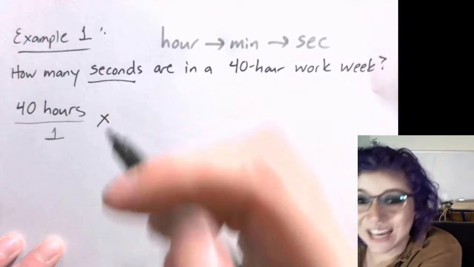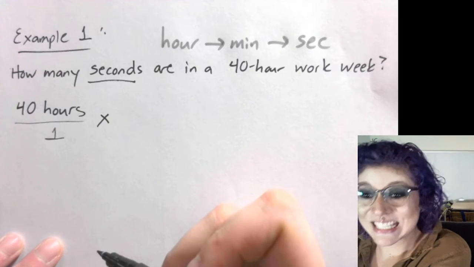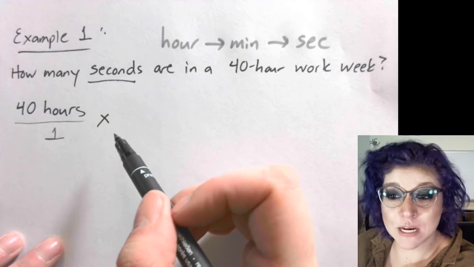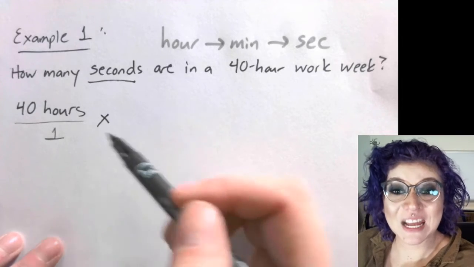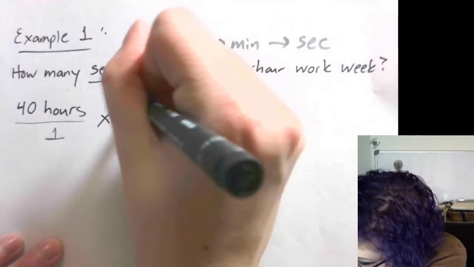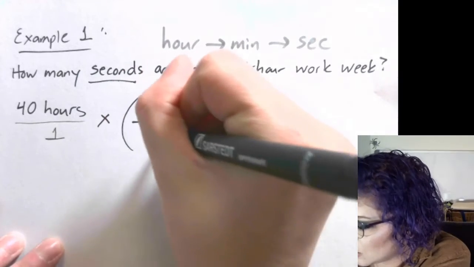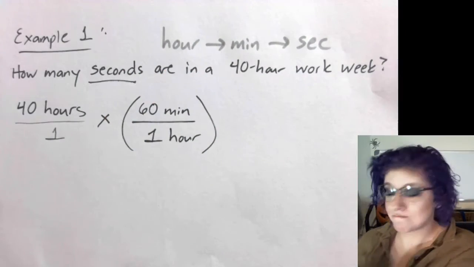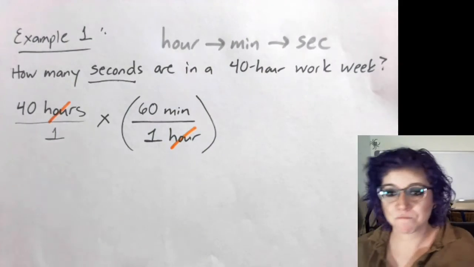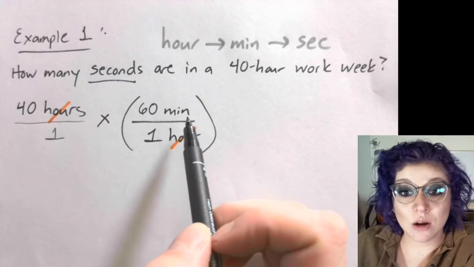Well, I know that in 1 hour, there are 60 minutes. So I'm going to configure my fraction so that hours is on the bottom so that I can cancel them out. So I have 60 minutes per 1 hour. And I'm going to cross out my hours. So at this point, I'm now working with minutes.